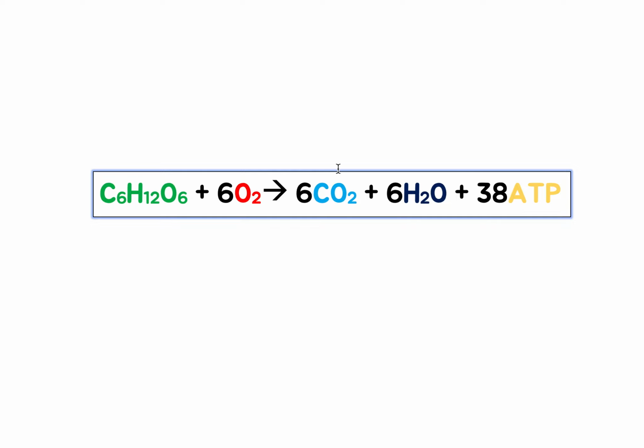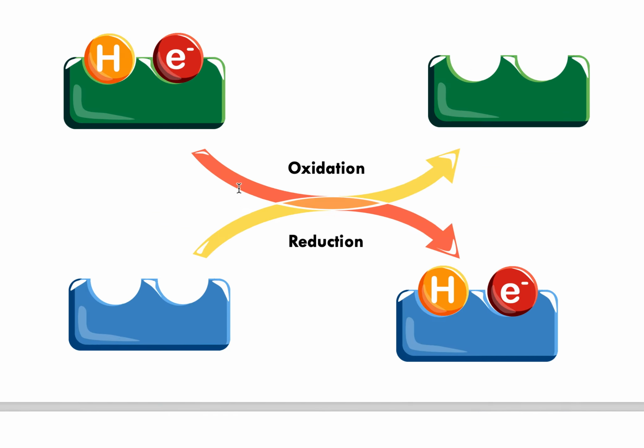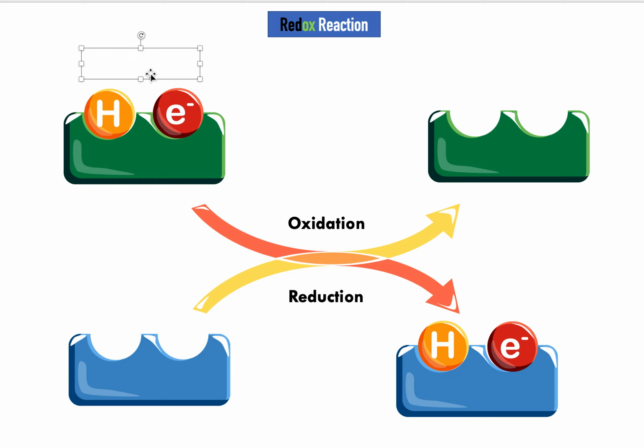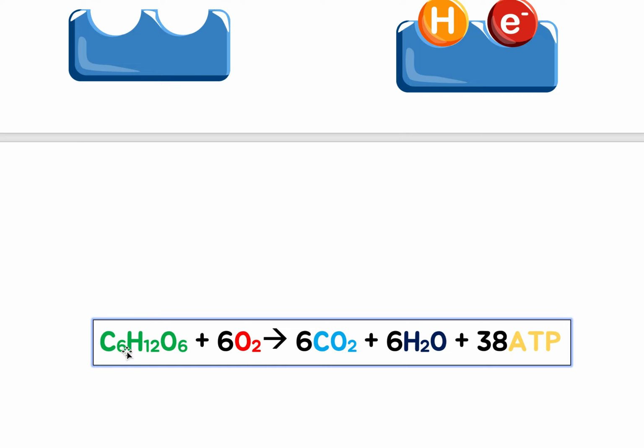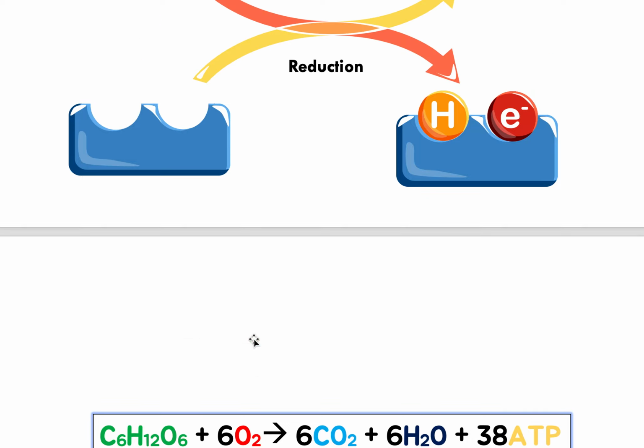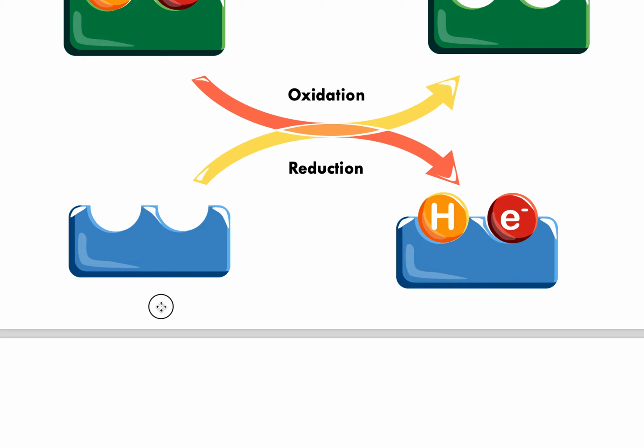Now, how exactly did redox happen here? Essentially, glucose is a molecule, and let's pretend it's this molecule, it ends up being oxidized. It gets broken down into carbon dioxide. How? Glucose has a lot of hydrogens, but it's going to pass on those hydrogens to this oxygen, this blue molecule here.